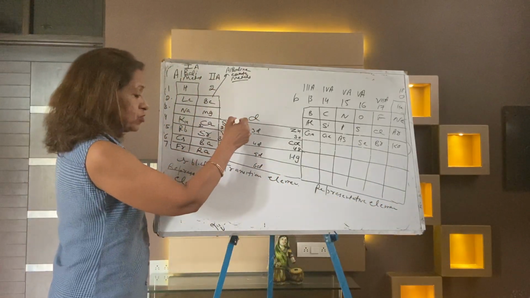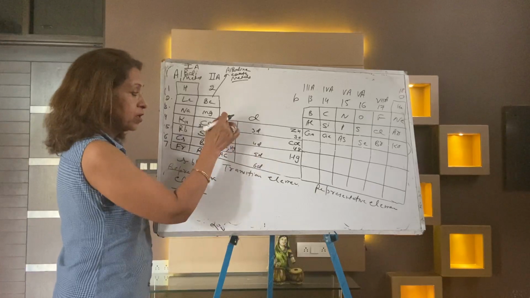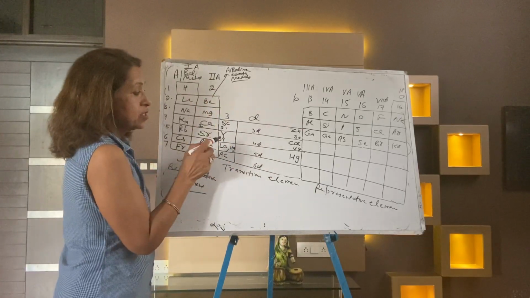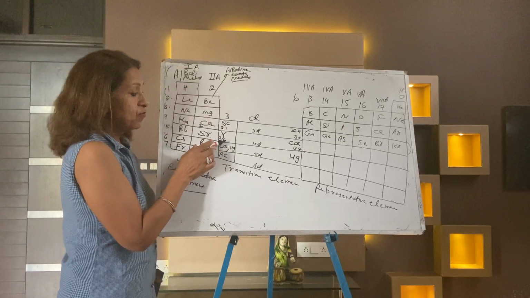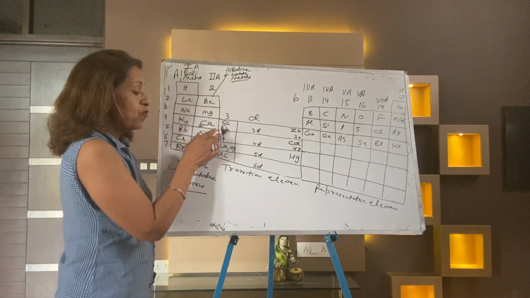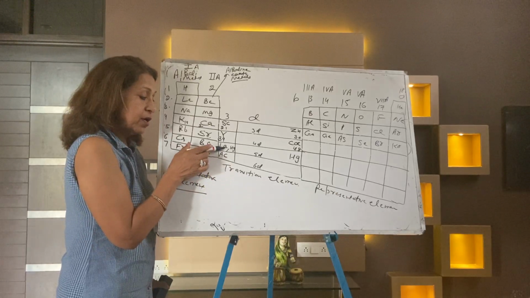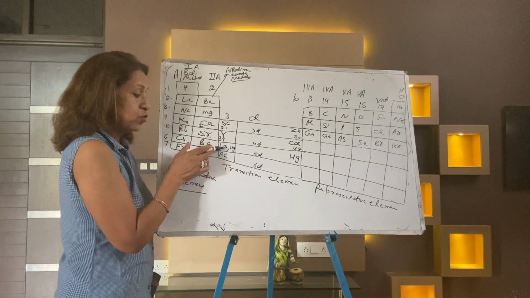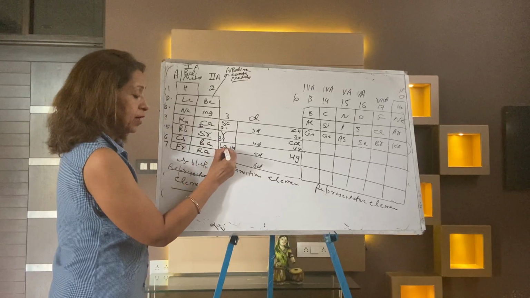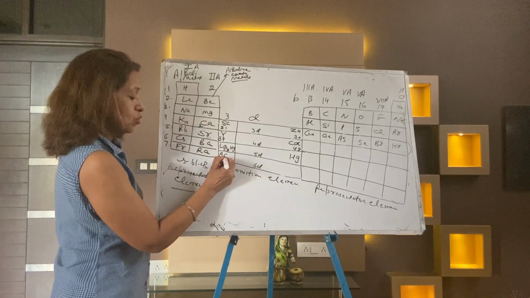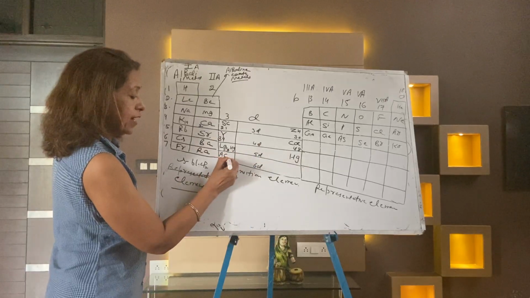Now kindly note down, this is group number 3, the group in which there is a maximum number of elements, because of 14 lanthanum and actinium. Lanthanum has atomic number 57, and actinium is 89.